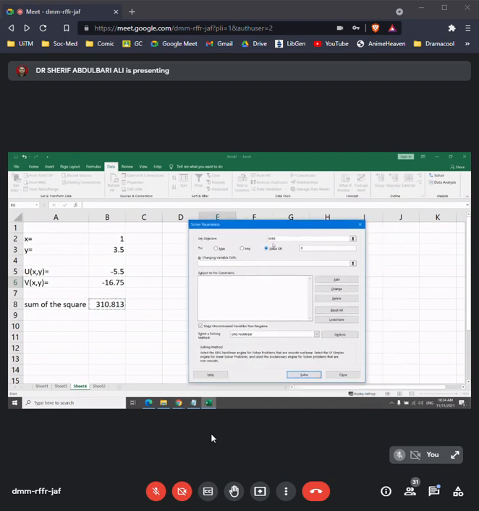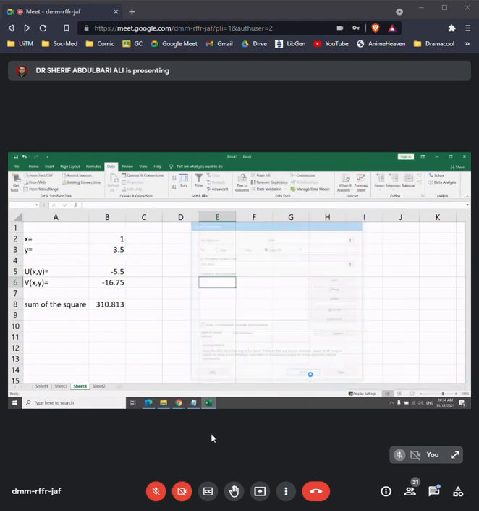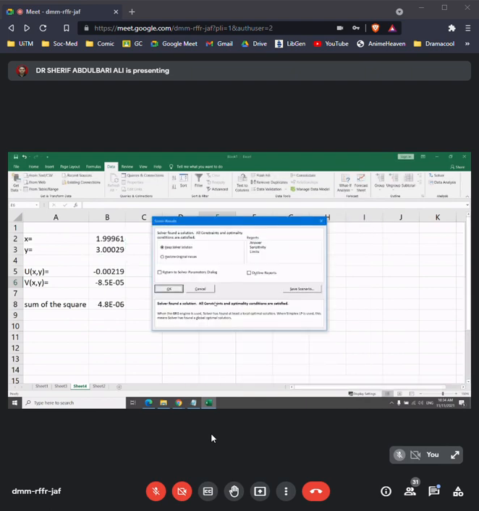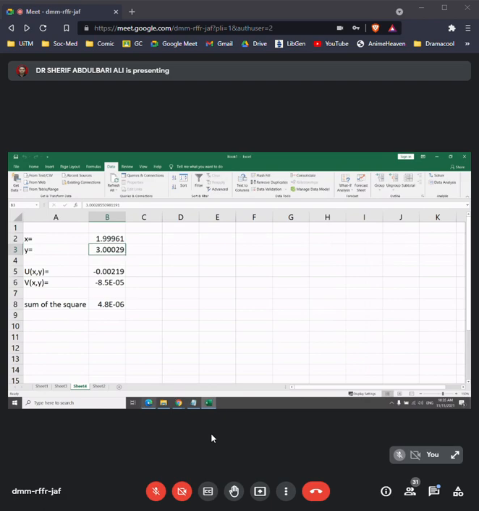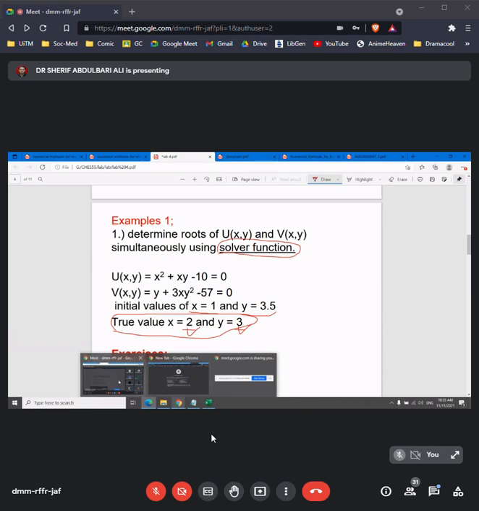Make sure that you click on the value of 0, by changing X and Y, and click Solve. You will get the answer 2 and 3. If you go back to the example, that is the true value: X is equal to 2 and Y is equal to 3. Okay, any questions about how to use the solver?